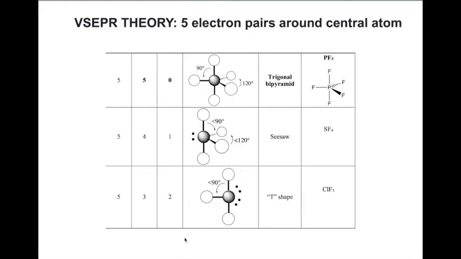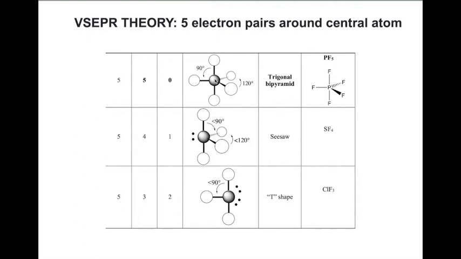All right, and then we have this possibility of when there are 5 electron pairs around a central atom. This is a case where the central atom has expanded its octet, and specifically it's holding 10 electrons. So here we have an interesting geometry. All these bond angles are not identical. In this case, we've got these atoms that are directly above and below the central atom.